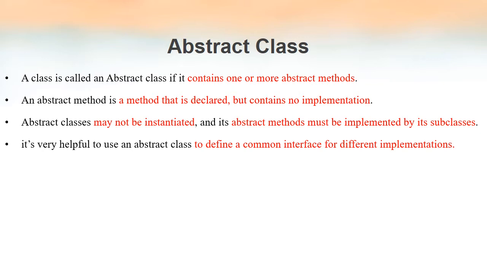Suppose I am declaring a class, class 1 is the name of the class, and I am declaring that class as abstract, and I have three abstract methods inside that class. And I have three child classes of this abstract class 1, say class 2, class 3 and class 4. Then class 2, class 3 and class 4 must provide the implementation of all the abstract methods inside class 1.